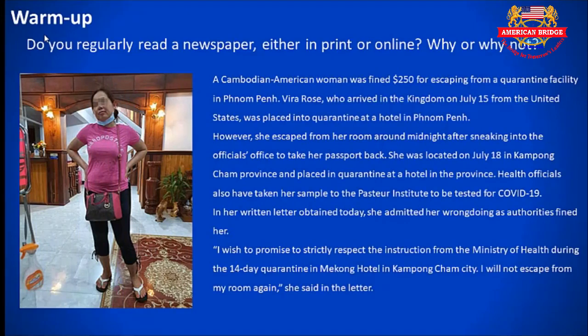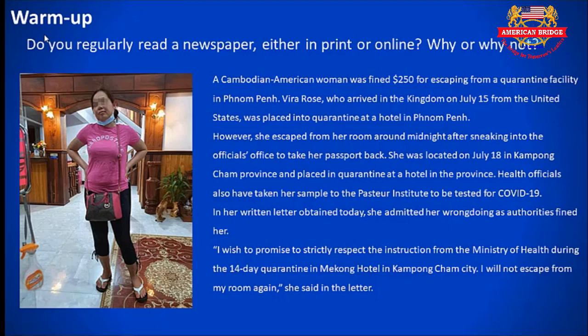Okay, so teacher would like to read this one for you. A Cambodian American woman was fined $250 for escaping from the quarantine facility in Phnom Penh. Her name is Vera Ruos, who arrived in the kingdom on July 15 from the United States and was placed into quarantine at a hotel in Phnom Penh.